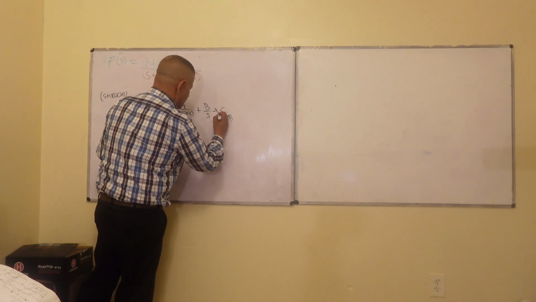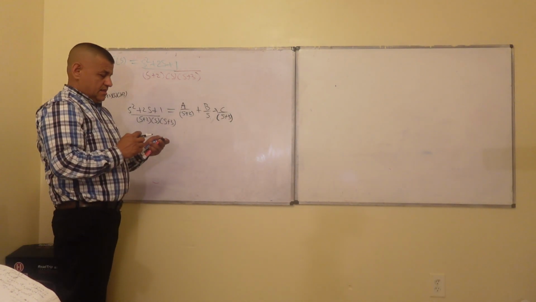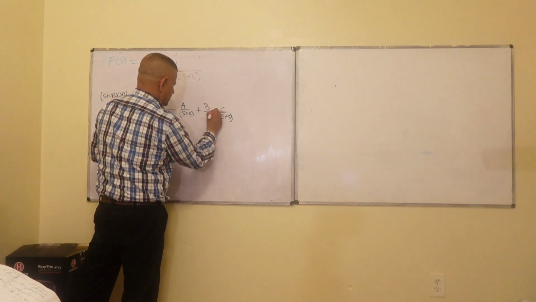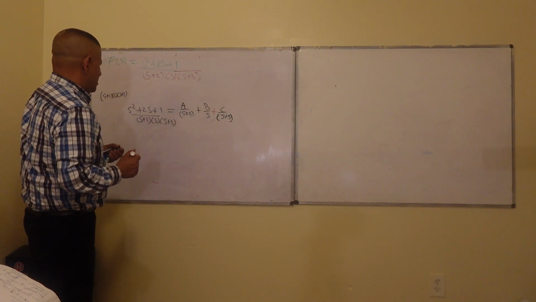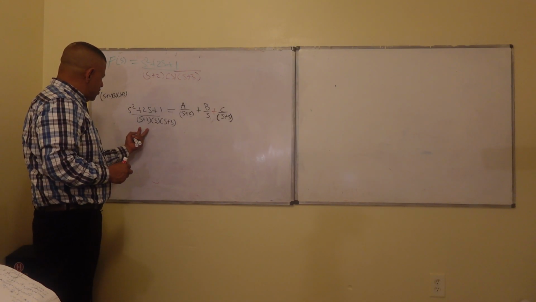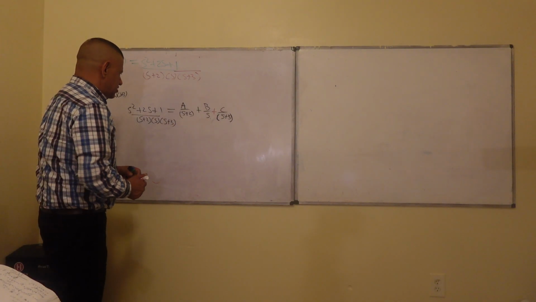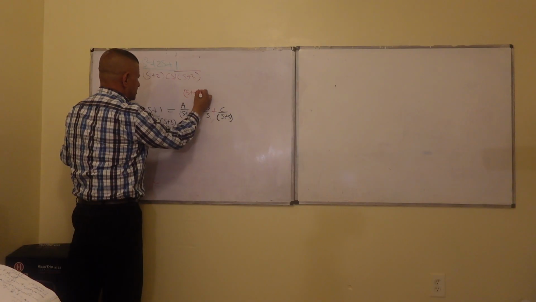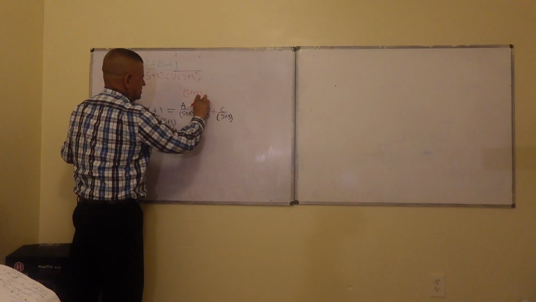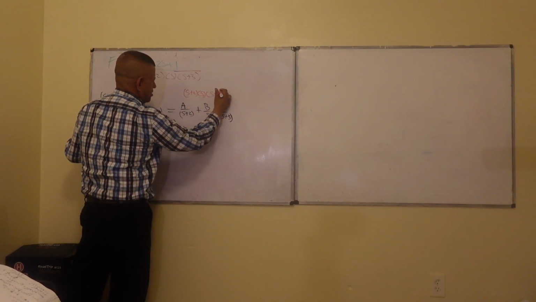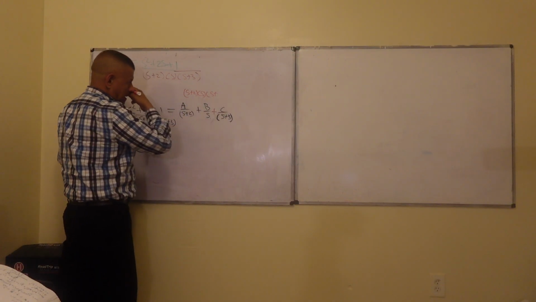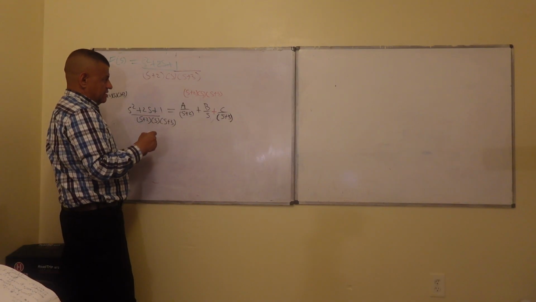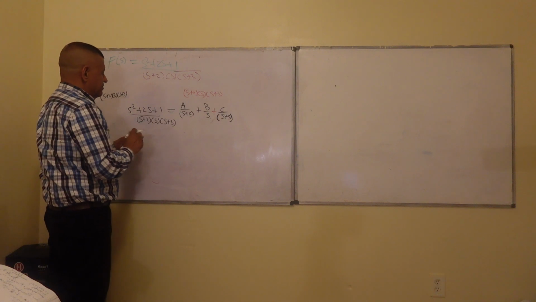Notice that I need somehow to get rid of these denominators, so I need to multiply by s plus 2 times s times s plus 3. Let me write this right here.